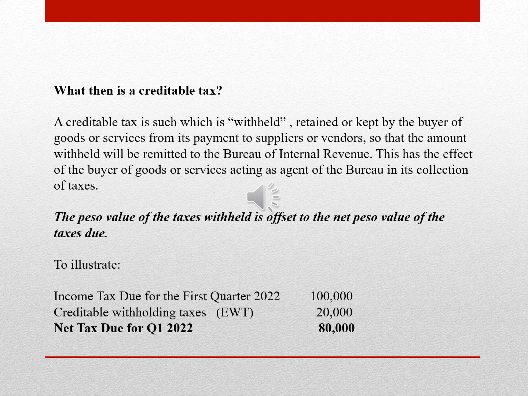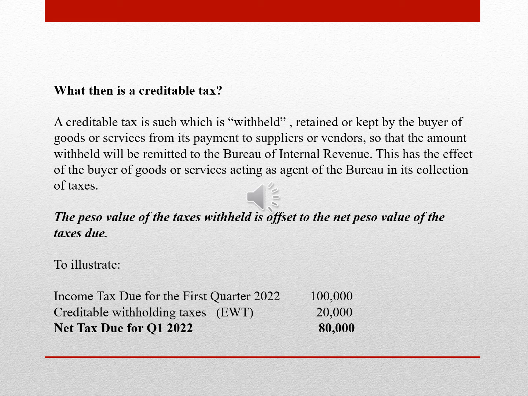So the peso value of the taxes withheld is offset to the net peso value of the taxes due. Now, even if it was only a percentage to the expenses that you incurred, or the asset that you have bought, that would be offset dun na sa net income tax due, the bottom line figure after you have deducted the cost of sales and the ordinary allowable deductions, which are ordinary business expenses.